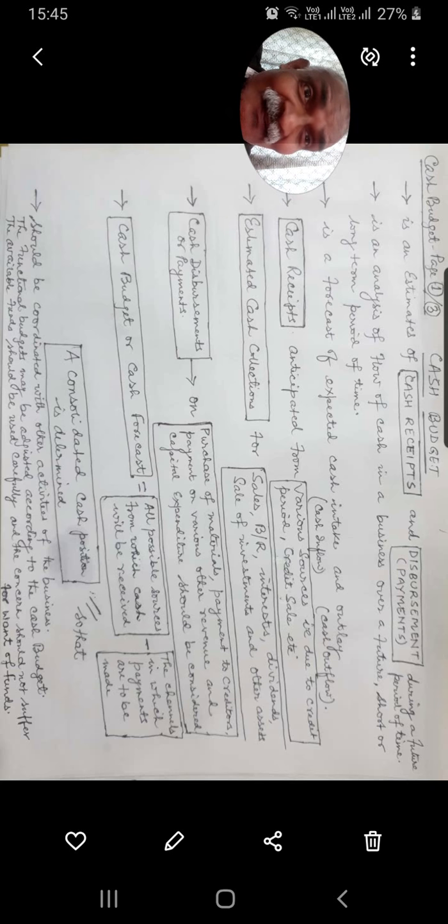So this is the part which you collect in future. Sale of investment, if you sell some of your investment, you will collect cash. Suppose you sell your assets, you will collect cash. So these are the various sources through which you will collect cash.